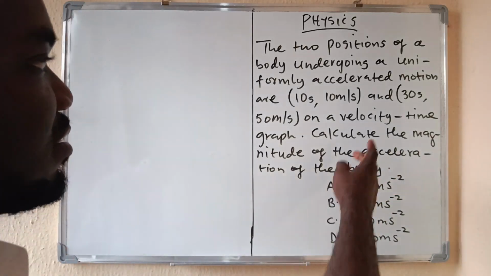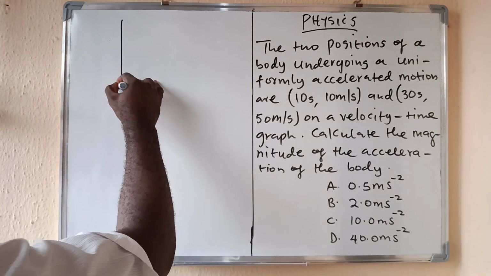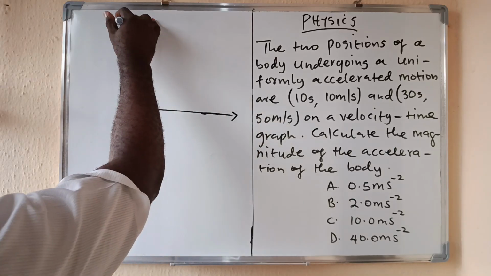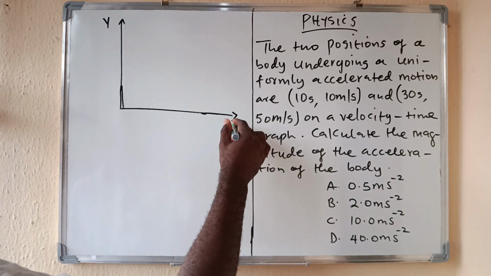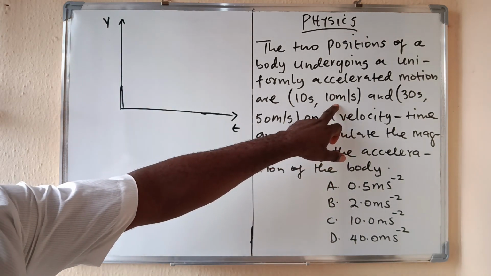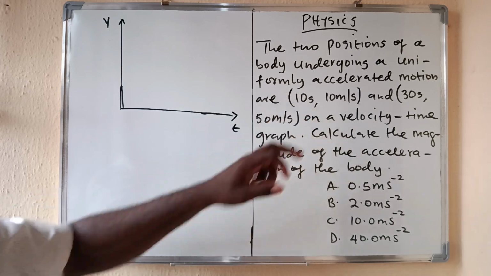So because it's a velocity time graph, it's a two-dimensional plane. So you have this. This is velocity and this is time. When the body is moving at the velocity of 10 meters per second, the time was 10 seconds.